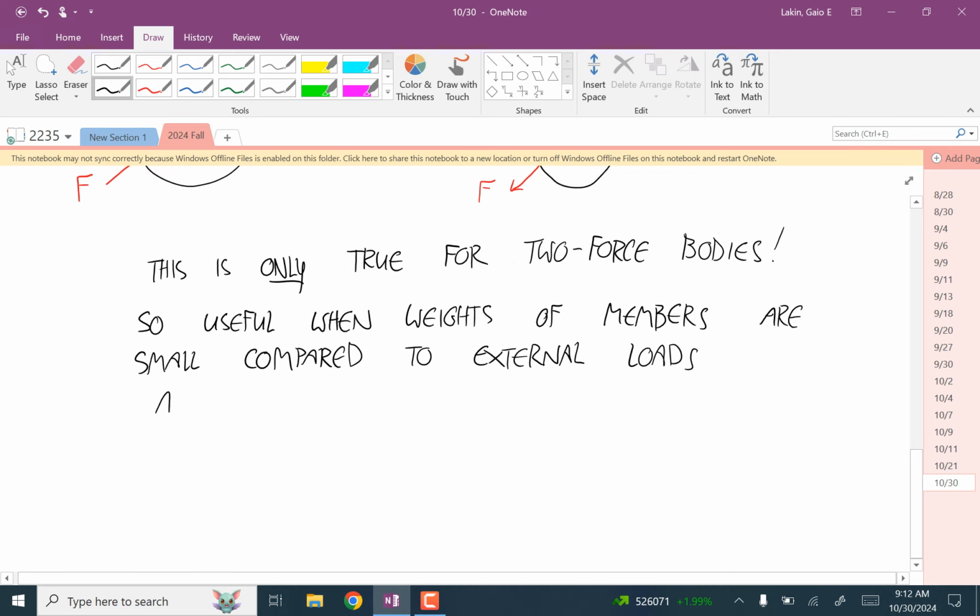And the other requirement is that the external loads all have to be applied at the joints. Because if you have reaction loads happening at the joints and you have applied external forces applied somewhere else, then that's a third force on at least one of these bodies. So the external loads have to be applied at the joints.